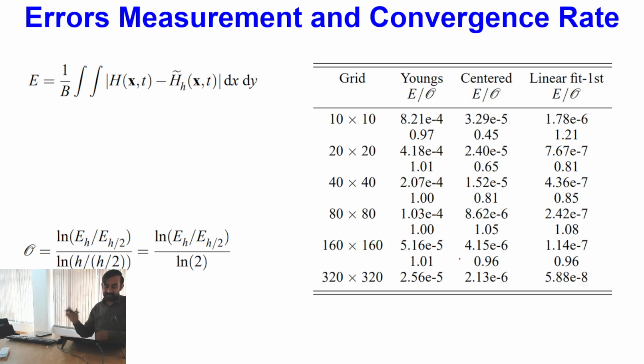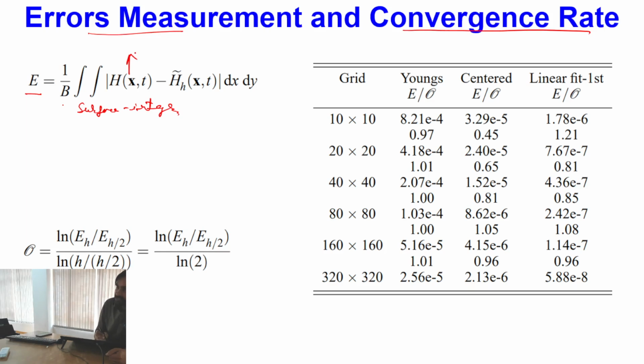Now whenever we reconstruct something, we also need to check what is the order of error. Okay, so we need to estimate error and we need to also estimate the convergence rate. So for estimating error, we define error function which is equal to 1 by b surface integral, double integral means I am doing the surface integral, of h of x,t minus h tilde x,t into dx dy.